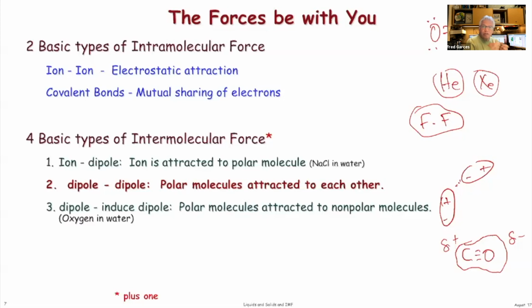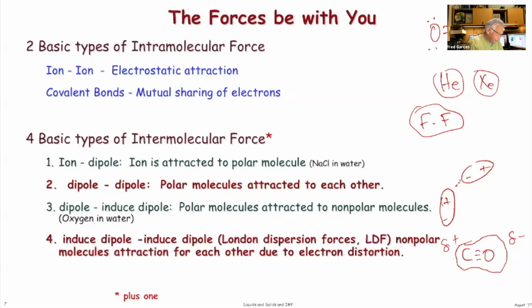And so the electron cloud is not distorted in oxygen. And yet, without oxygen dissolving in water, we would not have marine life. Okay, so how does a nonpolar molecule dissolve in a polar molecule? Well, it's through dipole-induced dipole. That's the intermolecular force responsible for that. So you see, intermolecular forces explain a lot of phenomena that we just take for granted.